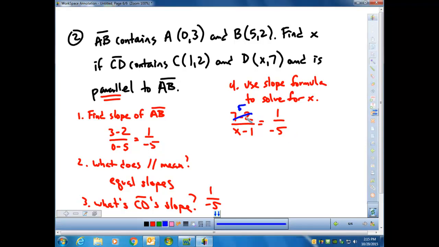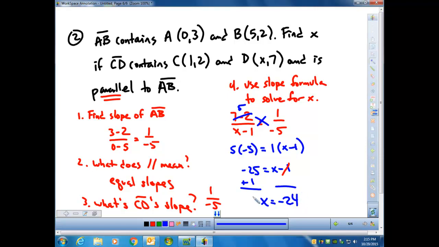I'm going to simplify, and I'm going to cross multiply. 5 times negative 5 is negative 25. And then I have to make sure I distribute that 1 through the other side, so 1 times x is x, and 1 times negative 1 is negative 1. Add 1, and I get x equals negative 24. That is the x value of the point that would make CD parallel to AB.